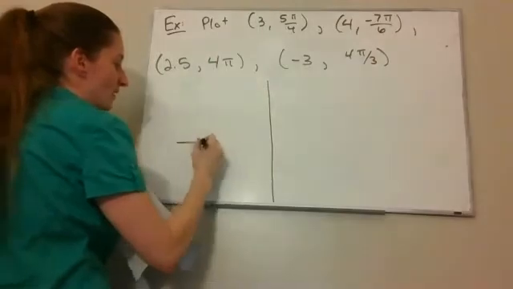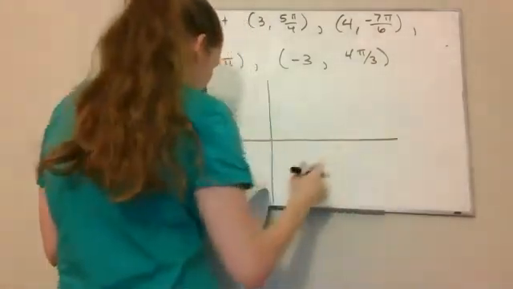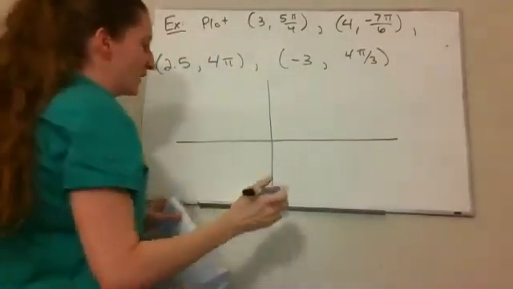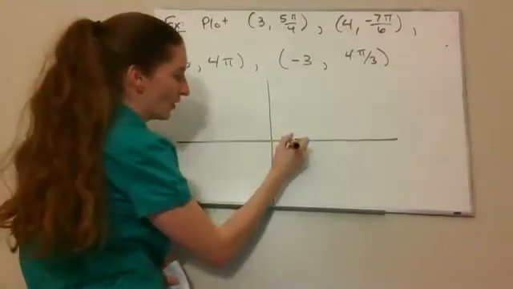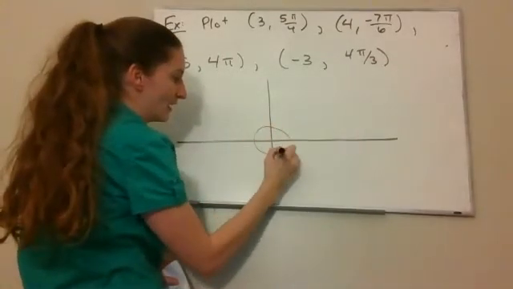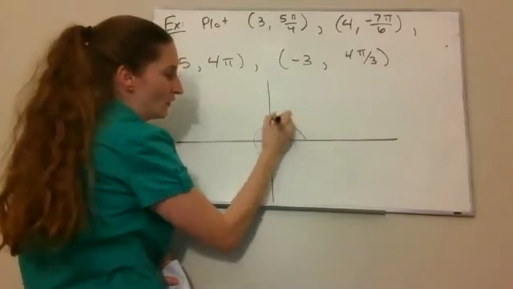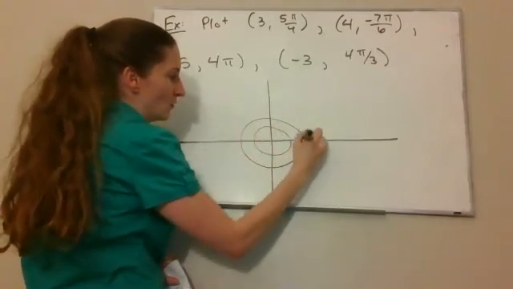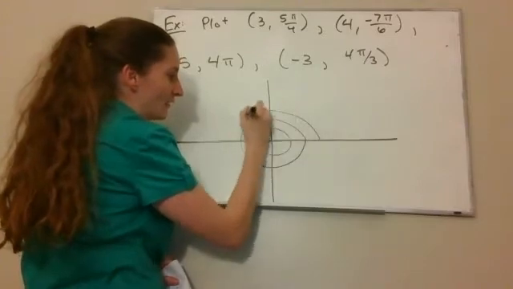So let me make my axes. And to make it a little bit easier, helping us find our r's, I'm going to make very lightly some circles with increasing radius.